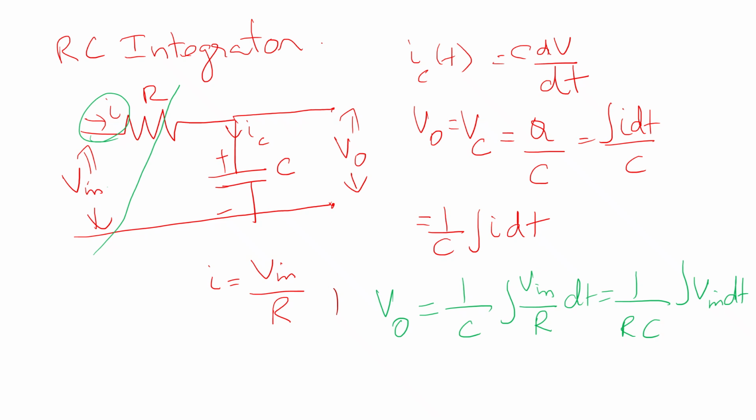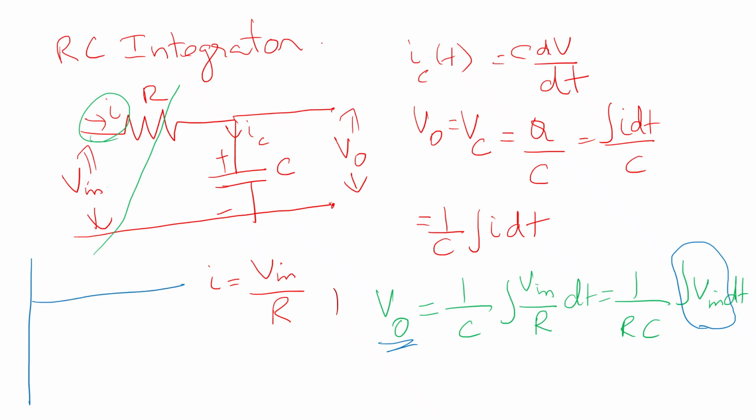So from this, we understand that the output voltage is an integral value of the input voltage. So the circuit behaves as an integrator whose output voltage is the integrated value of the input voltage.